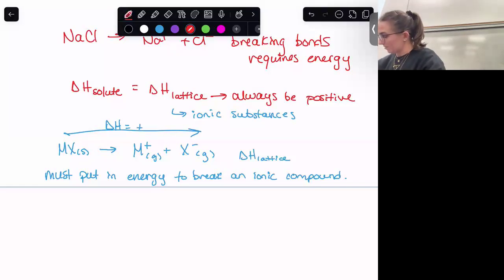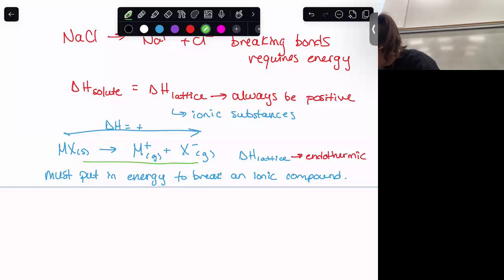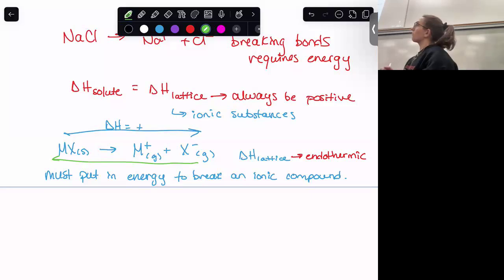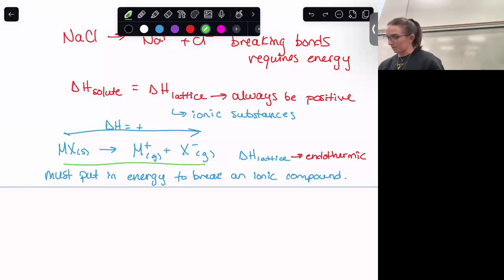If we were to look at it going this way, now we're forming a bond. What does that do for delta H? It's negative. It doesn't absorb, it releases energy.